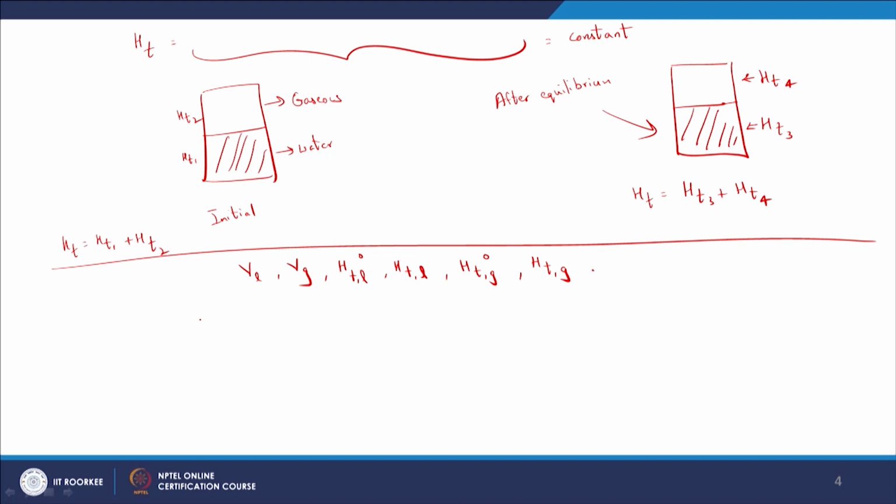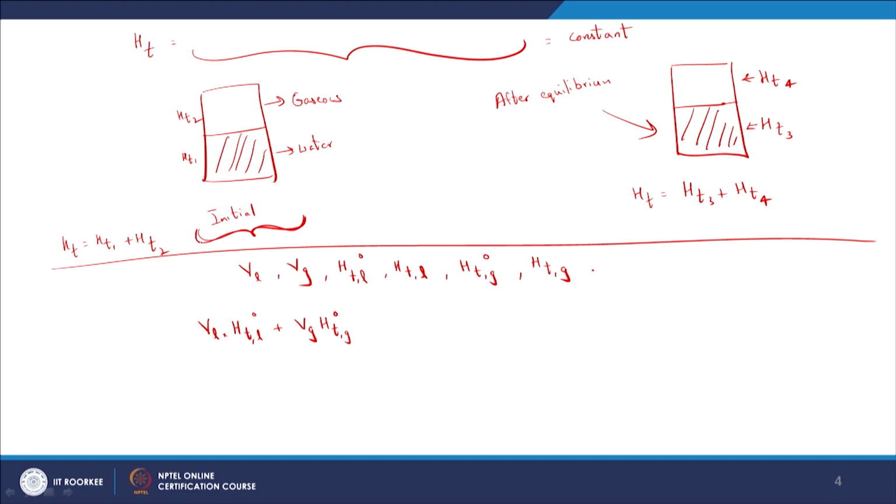And now let us look at the balance here. The moles of H total initially, I am going to try to represent that particular case now: volume of the liquid times H total in the liquid initially, plus volume of the gas times H total in the gaseous phase initially.